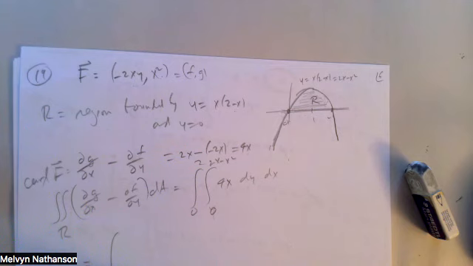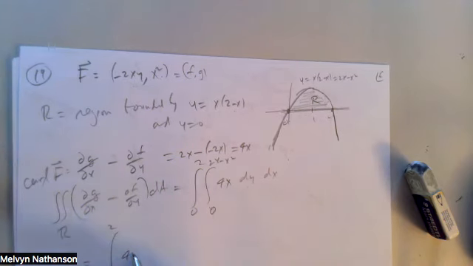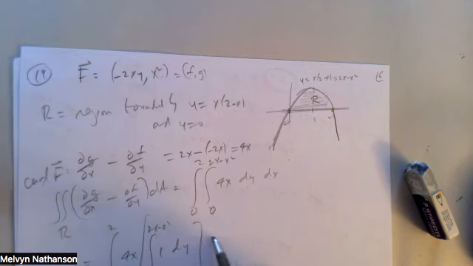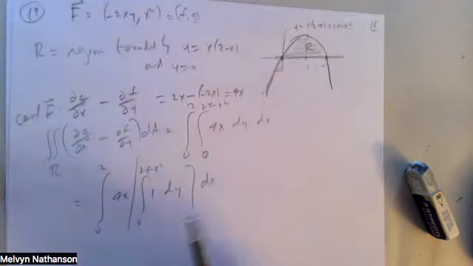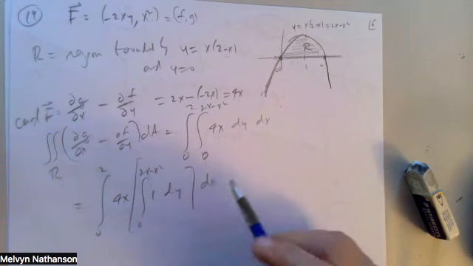So the integral from 0 to 2, when I integrate with respect to y, 4x is like a constant. This is the integral from 0 to 2x minus x squared of 1 dy, dx. The integral of 1 with respect to y is y, and y goes from 0 to 2x minus x squared.